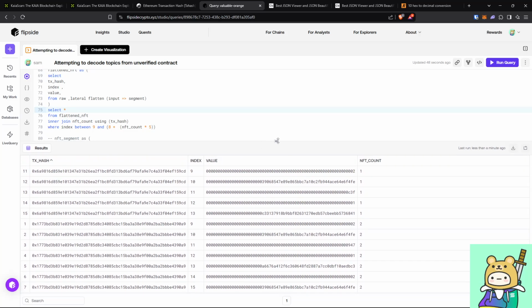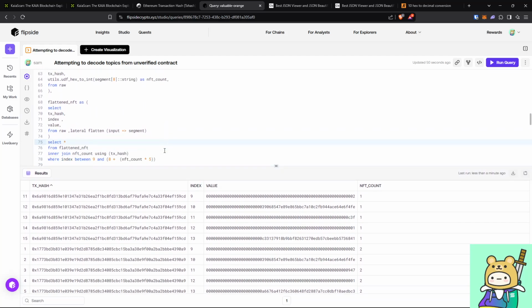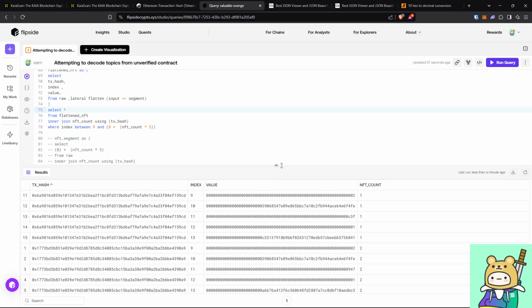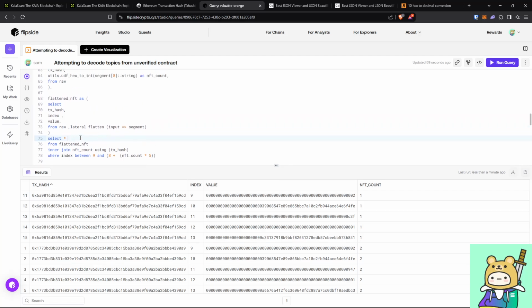So now it's the problem of figuring out what is what. And the way I would do that is first number this. So call it as like tx hash. And then row number over partition by, or do I do C?